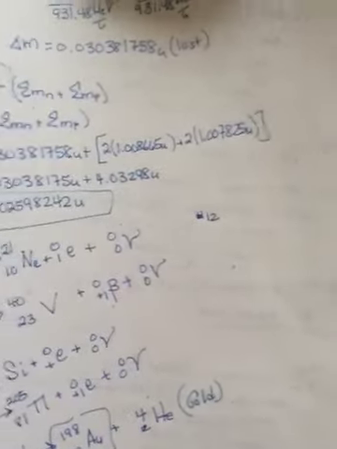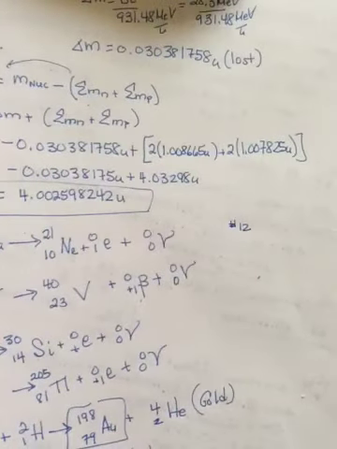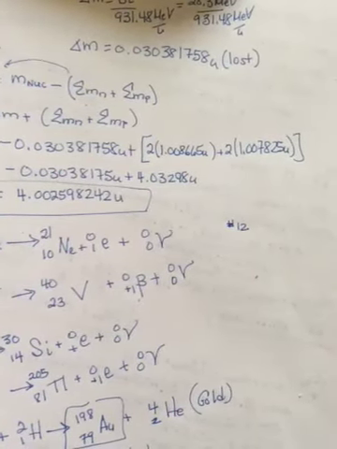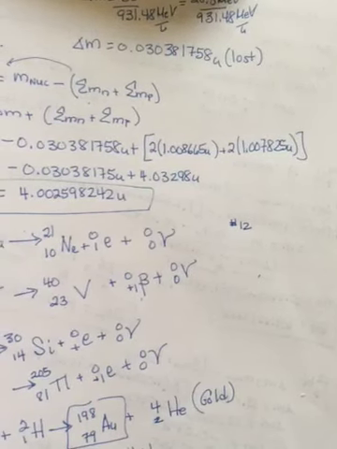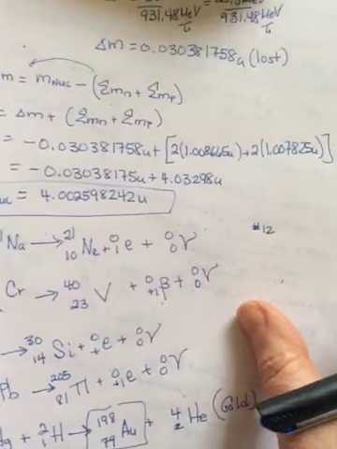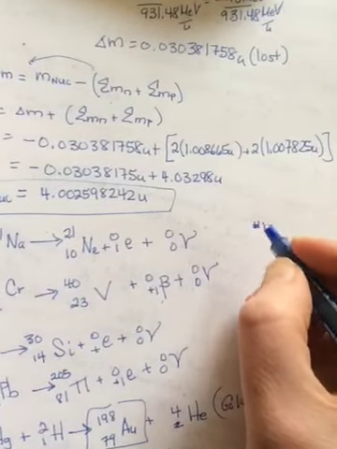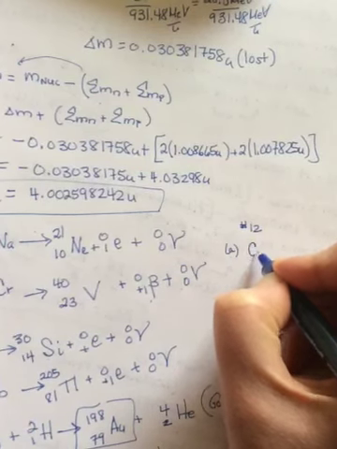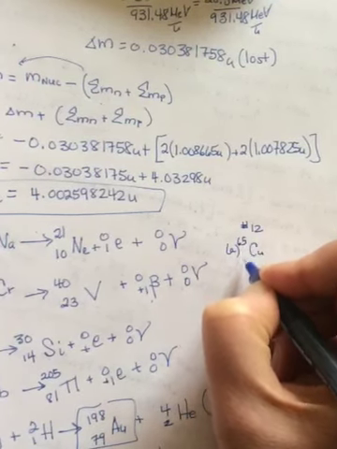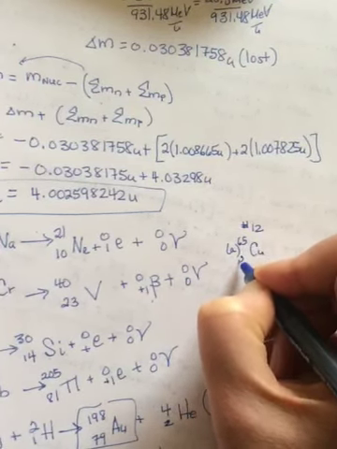All right, number 12 says, in each of these reactions, a neutron is absorbed by a nucleus. The nucleus then emits a proton. Complete the equation. See, so it tells you what's going to happen. So the first one is copper 65, and copper is 29.